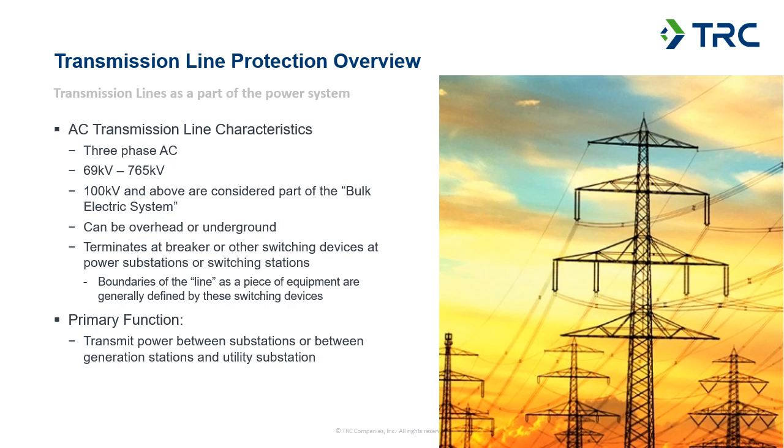The primary function of transmission lines is to transmit power between substations or between generating facilities and utility substations. This is a little bit different than a distribution system that is directly feeding customers, and really is there to transmit power from one region to another, or one area to another, as generation and customer loads may not be right in the same area.